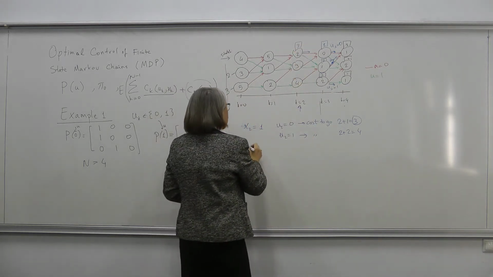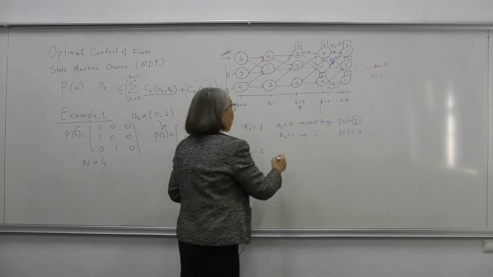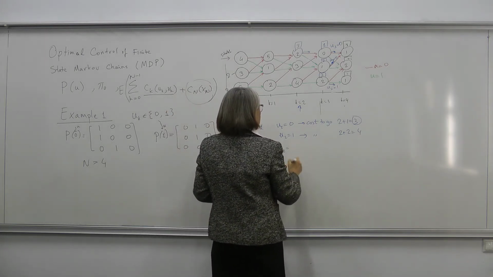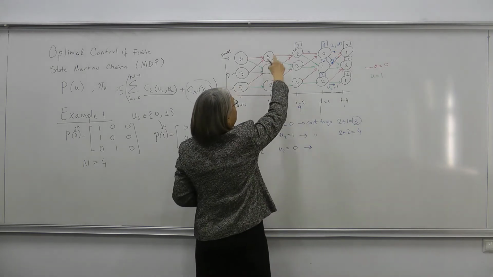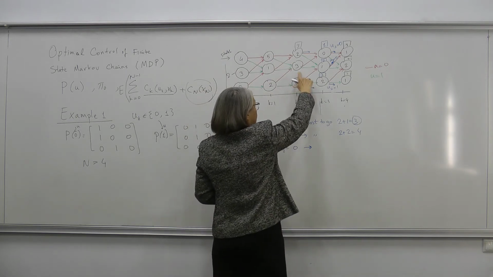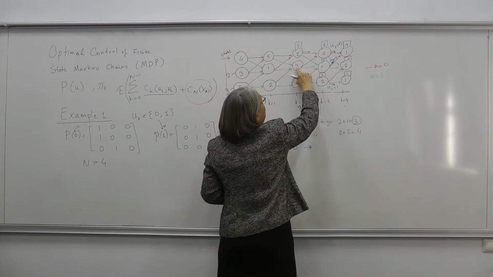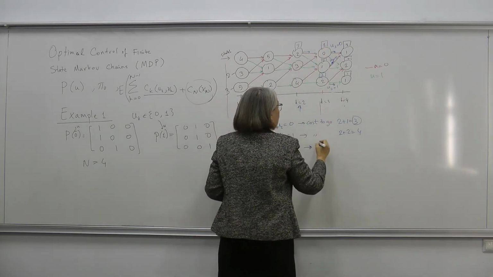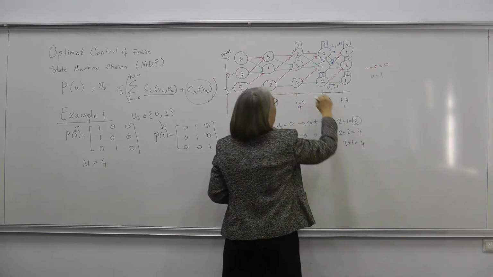And if we are in state number 2, then again we have two choices. u2 is either equal to 0 or 1. And if u2 is equal to 0, we are in state number 2 there. If u2 is equal to 0, we will follow the red line, that the cost to go will be 3 plus 1, which is equal to 4.